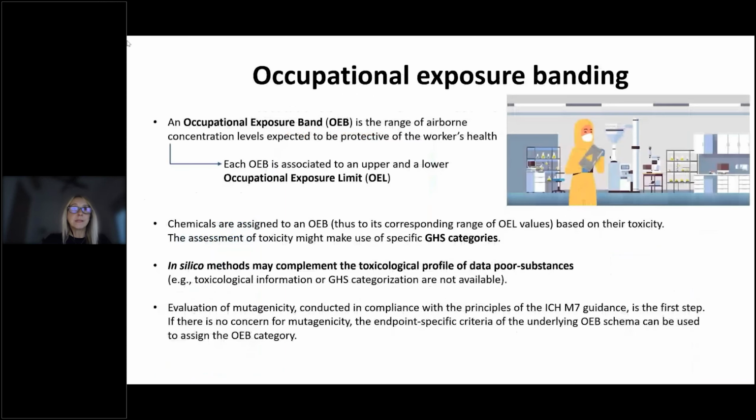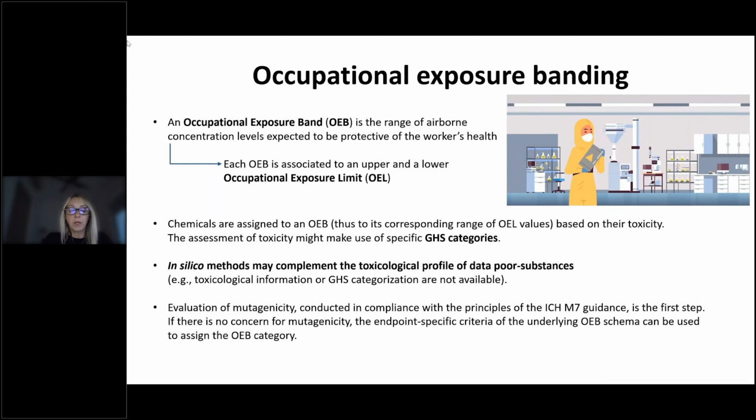A class assignment approach is also adopted in the context of occupational exposure banding. An occupational exposure band is defined as the range of airborne concentration levels expected to be protective of the worker's health.